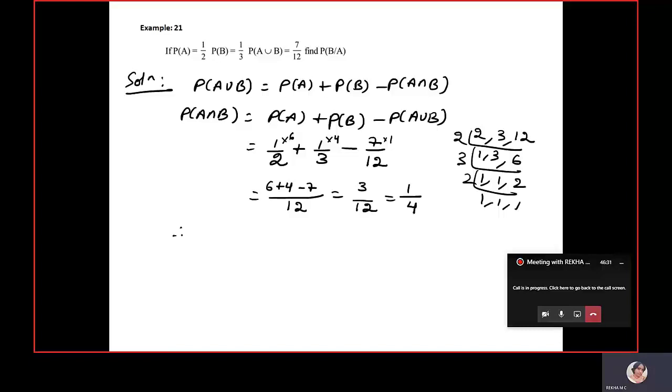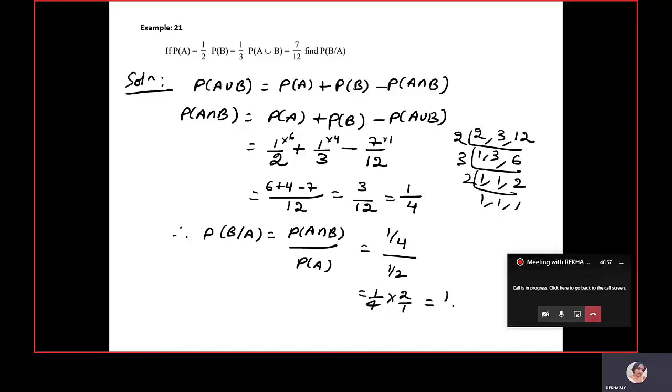Therefore, P of B when A is given is equal to P of A intersection B divided by P of A. So 1 by 4 divided by 1 by 2, so 1 by 4 into 2 by 1. So the answer is 1 by 2.